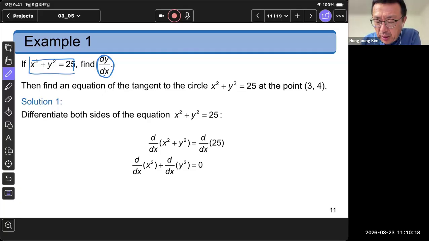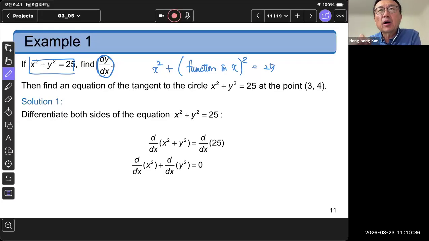Then y is a function in the x variable, and I have this function squared. And I want to differentiate each term in x. When I look at x squared, I can easily differentiate it with respect to x. That will be 2x. But how about this one?